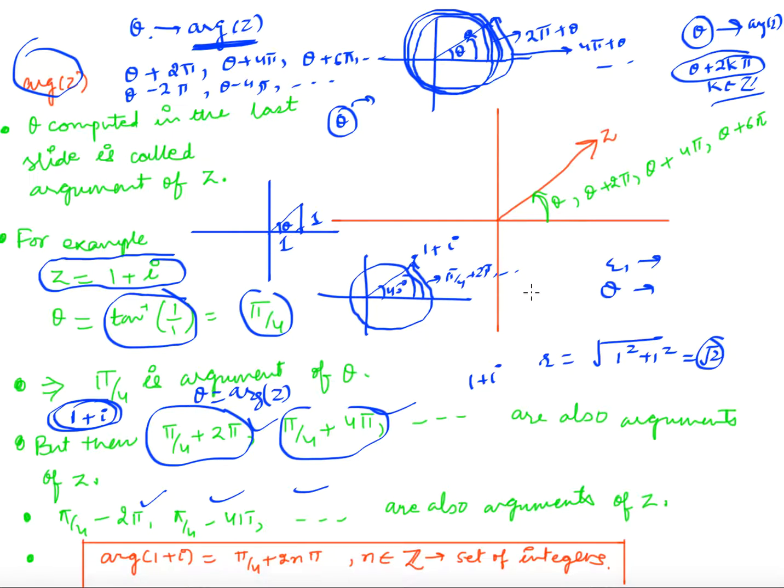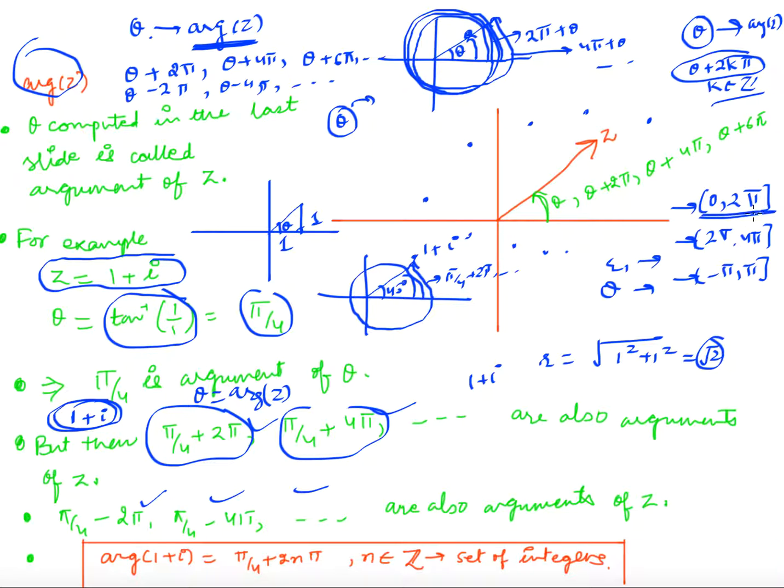Okay. So it is very clear that if you fix that I want my theta such that it should be in the interval 0 to 2 pi, or in the interval 2 pi to 4 pi, okay, or in the interval minus pi to pi. So for any interval of length 2 pi, every point will have exactly 1 theta, right?